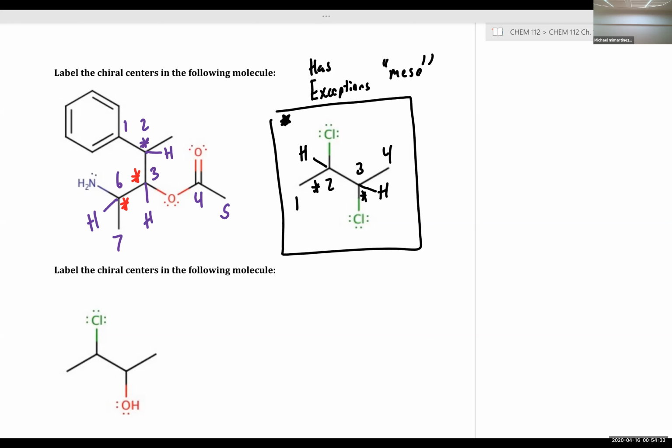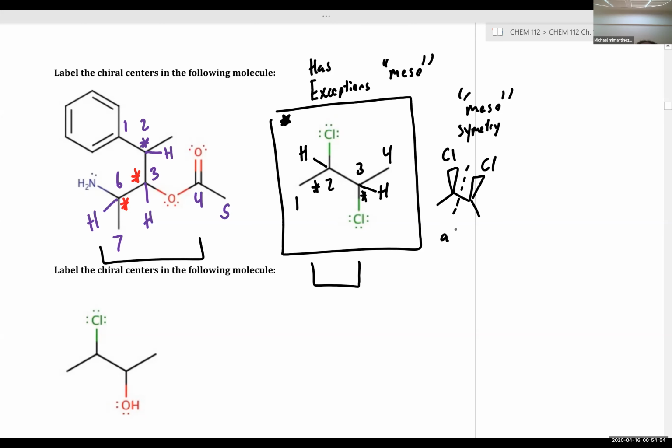But for example, this molecule on the left, it has chiral centers. The molecule itself is chiral. This molecule on the right, it has chiral centers, but there are certain stereoisomers, such as we discussed last time, where we have an axis of symmetry. We call this a meso compound, and this molecule is achiral.